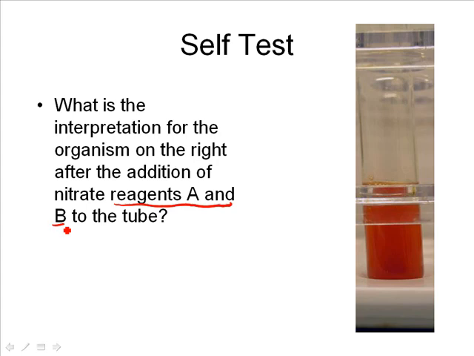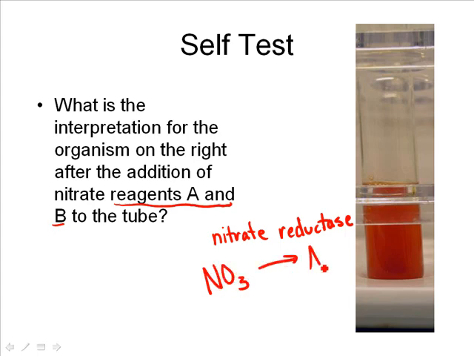The interpretation of this tube, because it's a red color, that indicates to me that the organism produces the enzyme nitrate reductase, that within the tube that nitrate was reduced to nitrite, and when nitrite is present, that tube turns a nice red color. Right? That's a very easy interpretation.